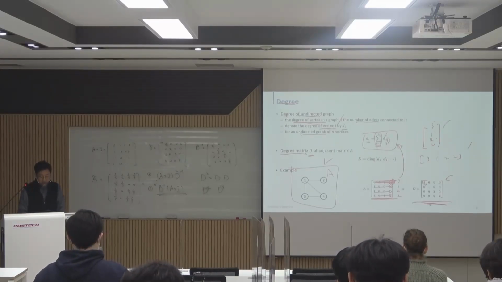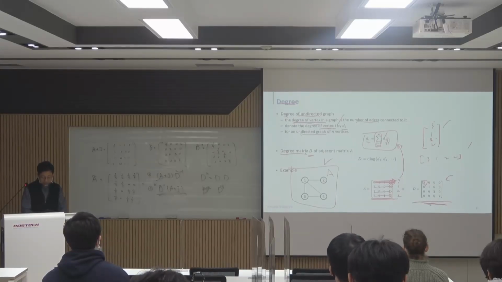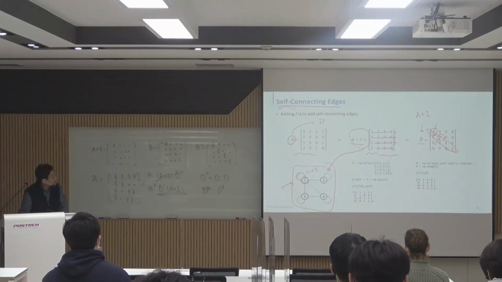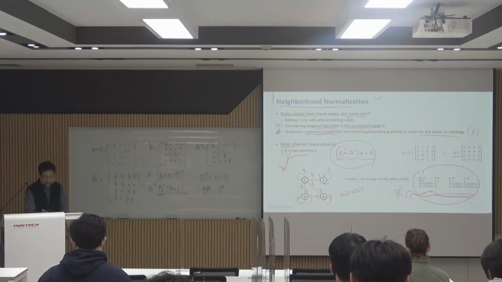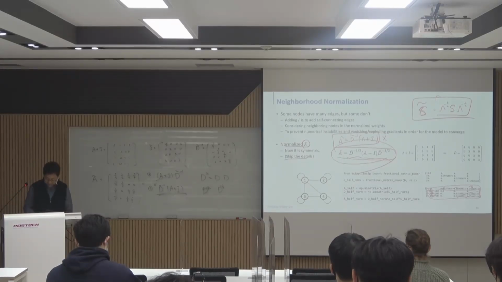I also showed some definitions and properties. First, the degree of each node. And self-connected loops, how we add them: just add the identity matrix. And for normalizations, we're supposed to do it like this. A lot of details are skipped, and for advanced learners, you probably have to take a look at linear algebra and things like that.